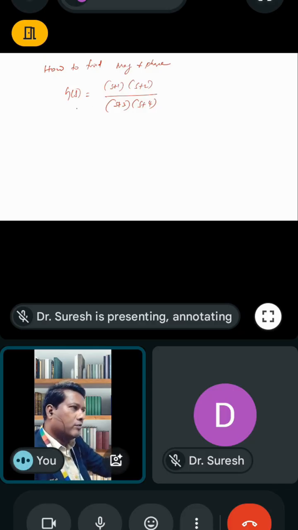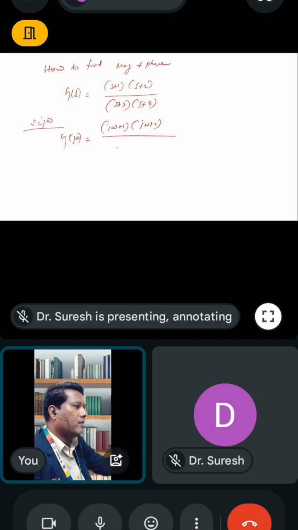To find the magnitude and phase angle, first put s equal to j omega. Then G(j omega) equals (j omega plus 1)(j omega plus 2) divided by (j omega plus 3)(j omega plus 4).